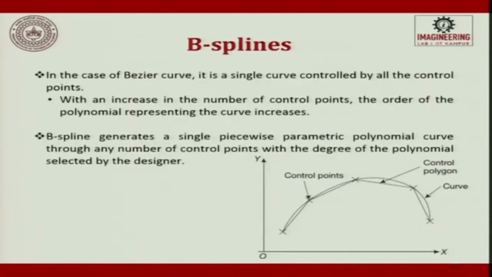The next curve which we saw was the B-spline. First, the limitation of the Bezier curve. If you move one point, the complete curve profile changes, which you do not want. If you want a very complex curve, you should have many start points, end points, and many control points in between, so that you can draw a complex object.